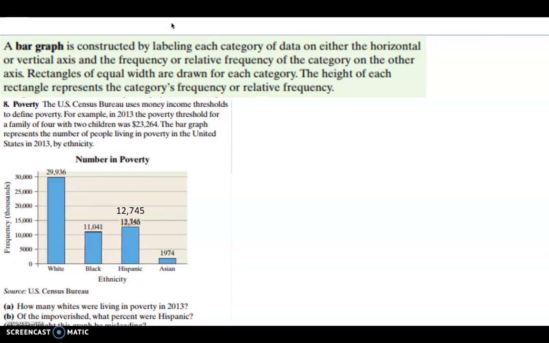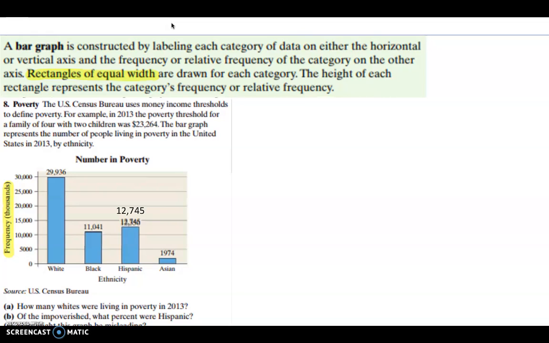And then rectangles of equal width are drawn for each category. So that's going to be these rectangles right here. The widths are all equal. And the height represents the frequency or the relative frequency. It just depends on what you're looking for. So in this graph, for example, this is the frequency in thousands.